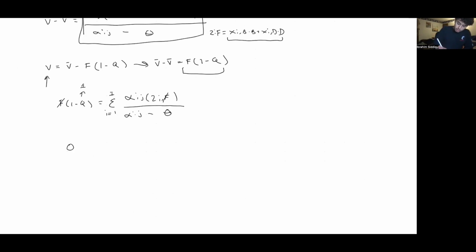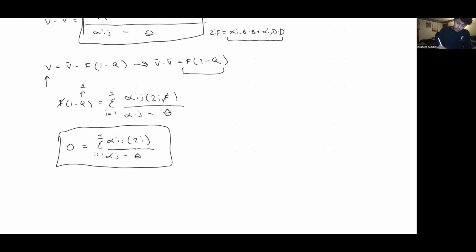Okay, so we can rewrite this and we get the same thing, multiplied by the composition, minus theta. So this is essentially our final equation for Underwood to determine our minimum reflux.